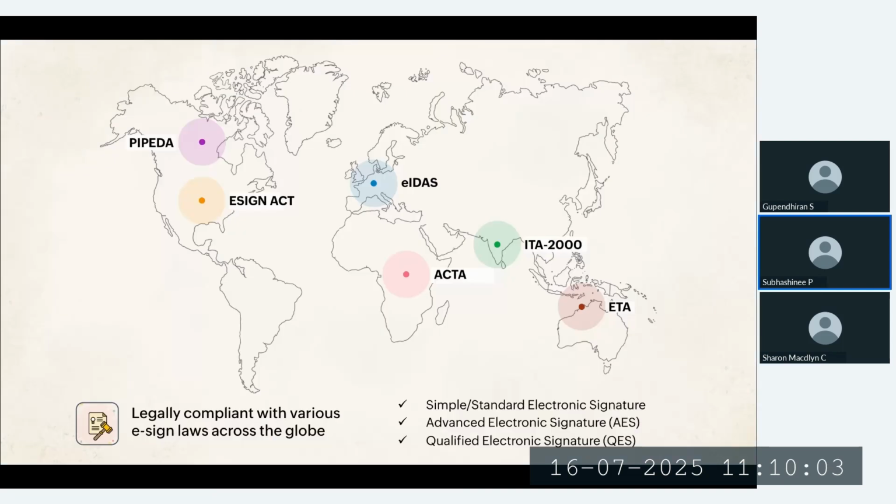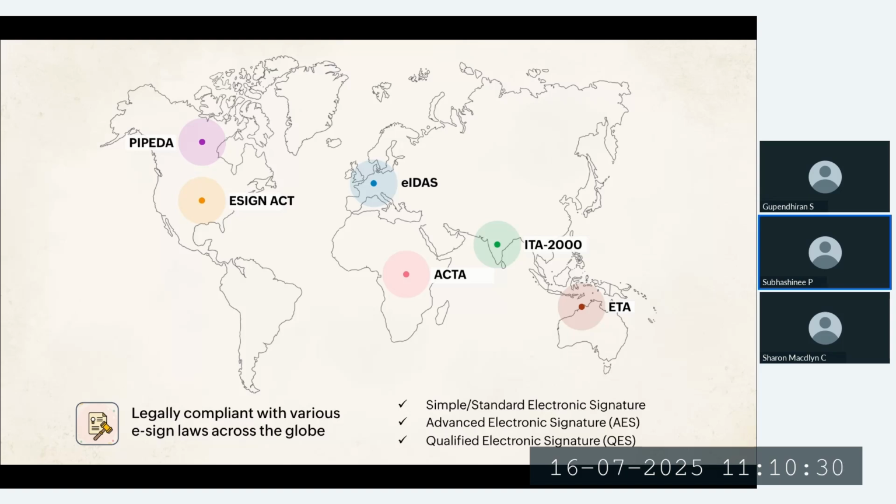Zoho Sign complies with various regional and international e-sign laws, including PIPEDA in Canada, the ESIGN Act and UETA in the United States, eIDAS in the European Union, the Information Technology Act of 2000 in India, the Electronic Transaction Act in Australia, and other Southeast Asian nations.